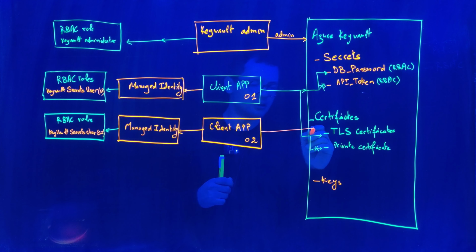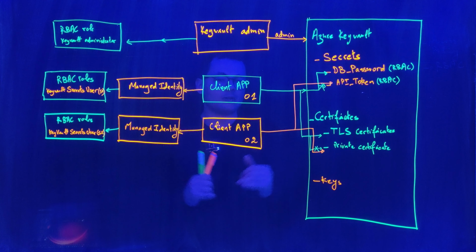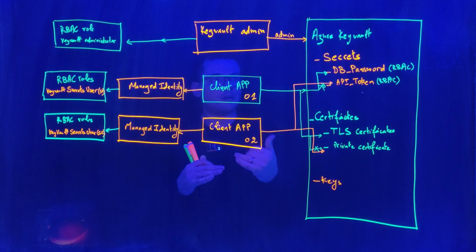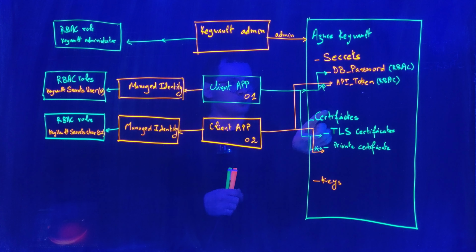So let's say here it will get access to this certificate, and also it will get access to the second secret. So that way we can define multiple applications that share one single Azure Key Vault instance, but each application will have access only to the objects it should have access to.